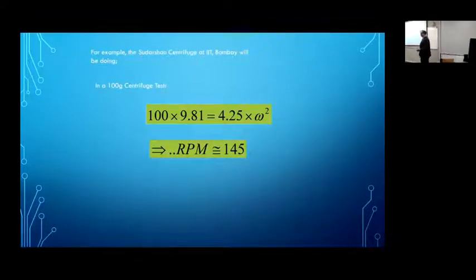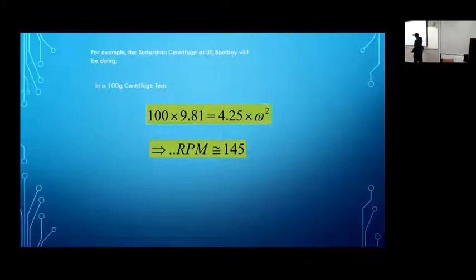So suppose I want a 100G test. So I scale my model by a factor of 100. Imagine I got an earth dam, which is 100 meters high. Clearly, it's much easier for me to build a 1 meter high earth dam, put it in a centrifuge, and spin it to get the 100G.